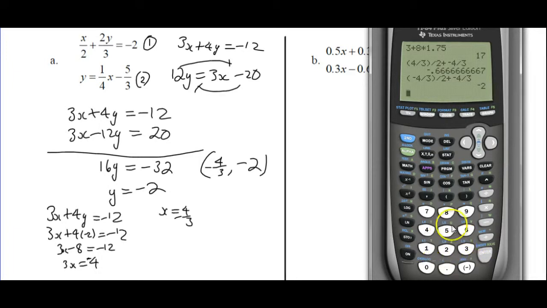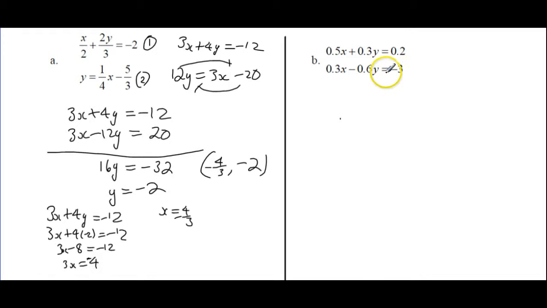A quarter of x, so 1/4 times negative 4 thirds minus 5 thirds, and that should be equal to y, which is negative 2, and it is. So that's why we check. So if we make a mistake, we can go back and figure out what the mistake was and fix it.